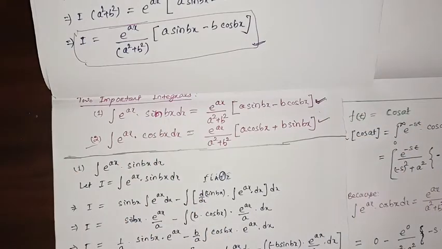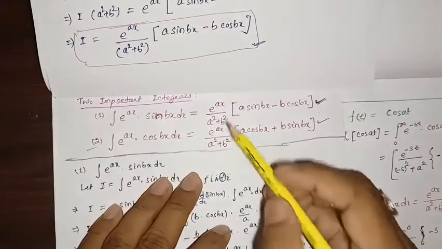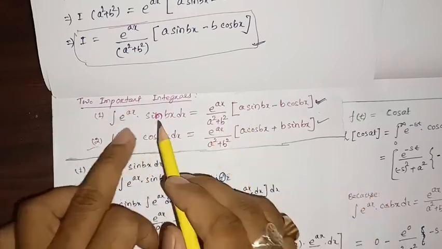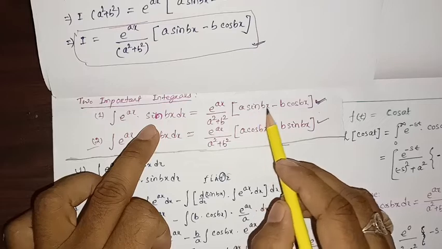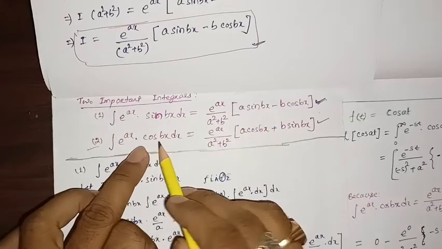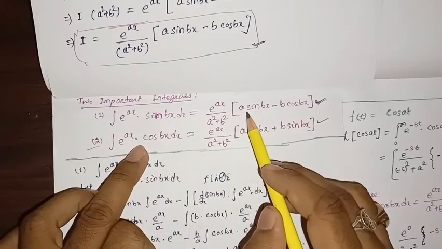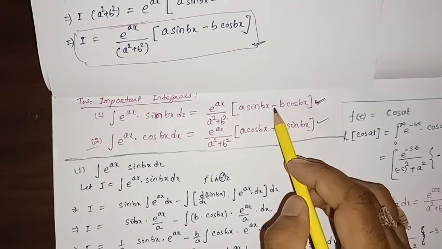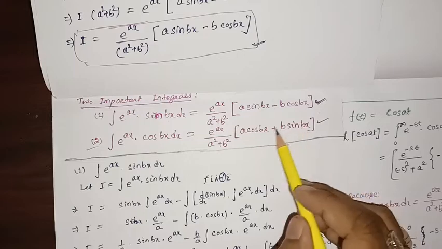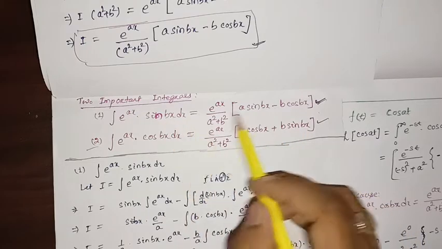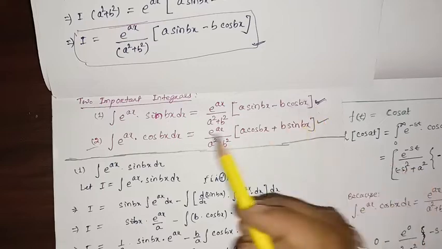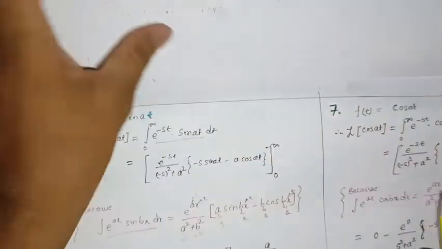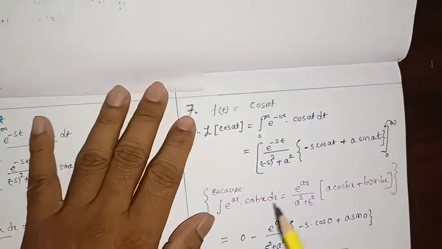See how you are going to remember this. e to the ax by a square plus b square is common for both integrals, but here sin bx means sin bx will come up, cos bx means cos bx, a is the common, so a sin bx. Whenever sin, then the other term is followed by minus, but cos means the other term is followed by plus. So sin means a sin bx minus b cos bx, cos means a cos bx plus b sin bx. Like that you have to remember these two integrals.